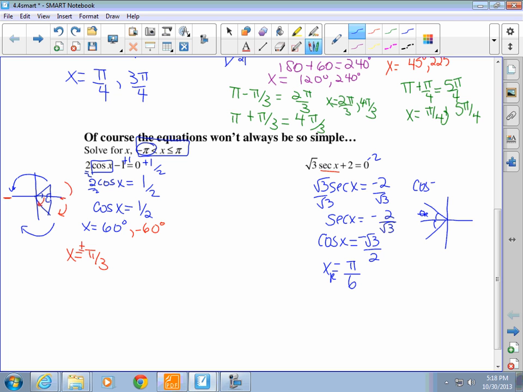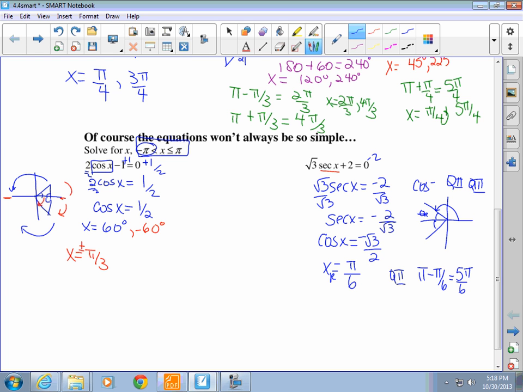So this one's going between negative pi and pi, so the first one I'm going to look for is this angle. So that'll take care of that positive turn. In quadrant 2, I have pi minus pi over 6, so that's 5 pi over 6.